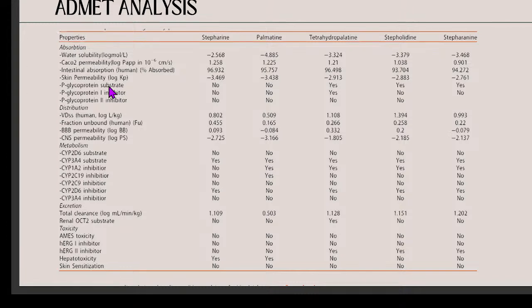And in the case of an inhibitor, if it is an inhibitor, it can lead to toxicity; for example, drug-drug interaction or unspecific binding can occur. So these also look fine. Let's talk about metabolism now, where cytochrome is present.